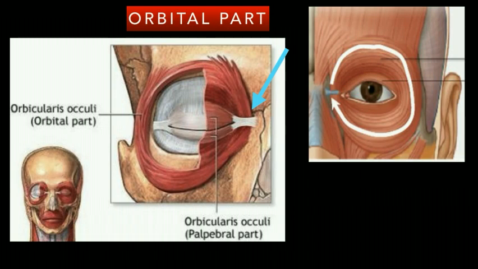The point to note here is that the orbital part has a bony origin, that is from the nasal part of the frontal bone, the maxilla, and also a ligamentary origin, that is the medial palpebral ligament. However, the orbital part has no bony insertion, but it instead attaches to various soft tissue structures of the periorbital region.